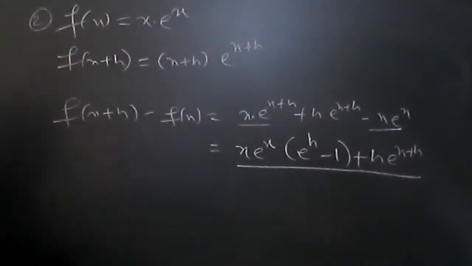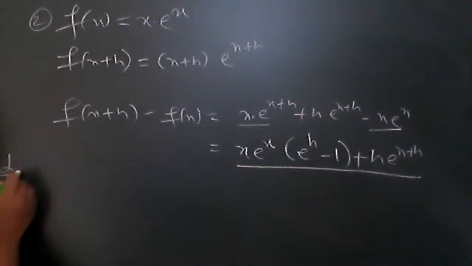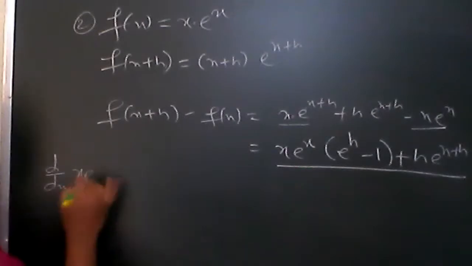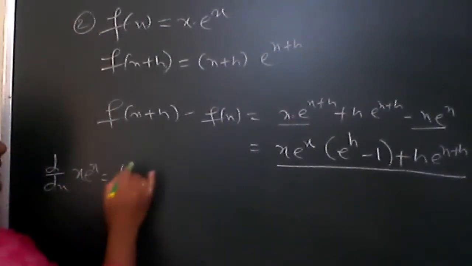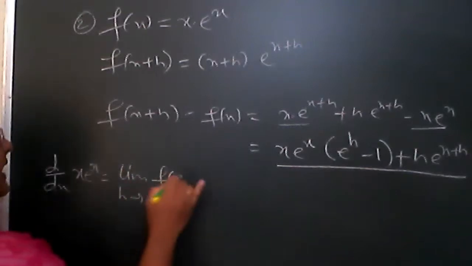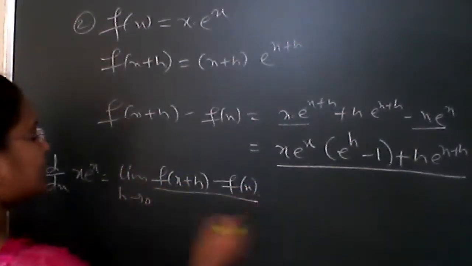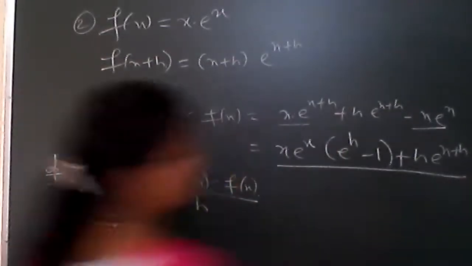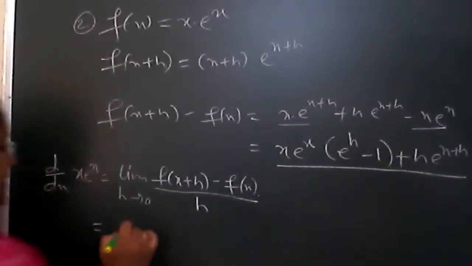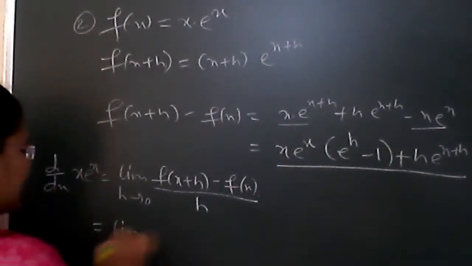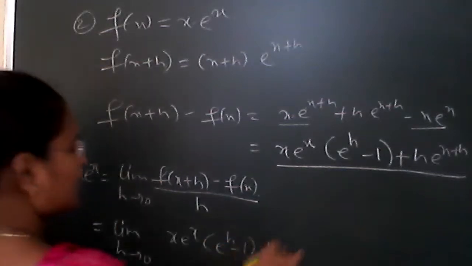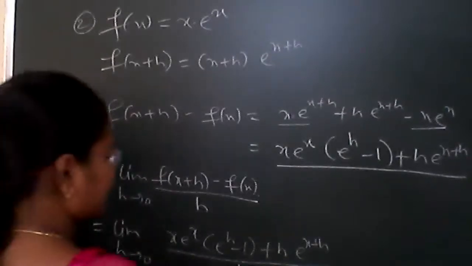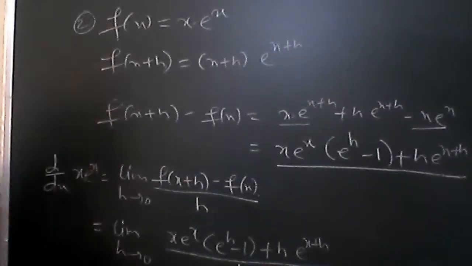So d by dx of x e raised to x is limit as h tends to 0, f of x plus h minus f of x, everything divided by h. Okay, now we will separate both the terms.